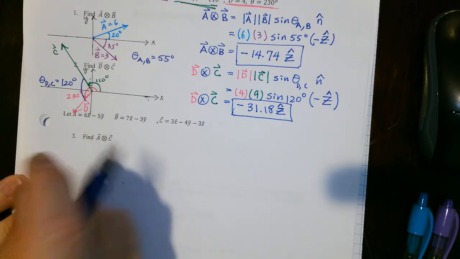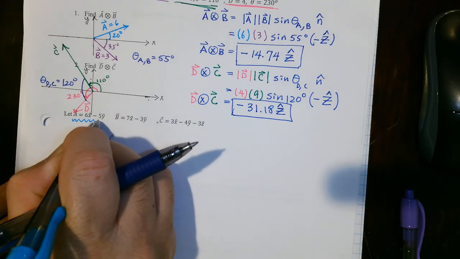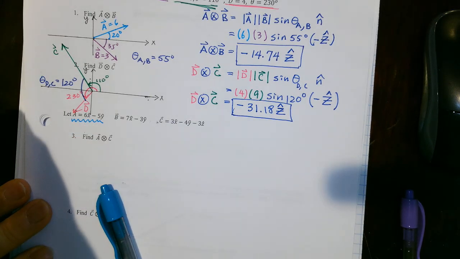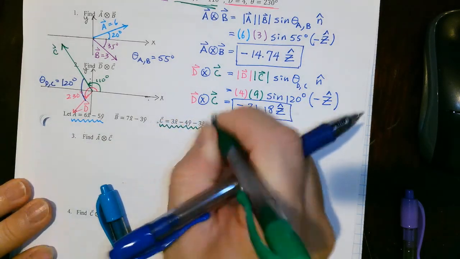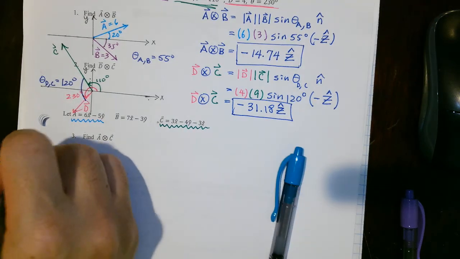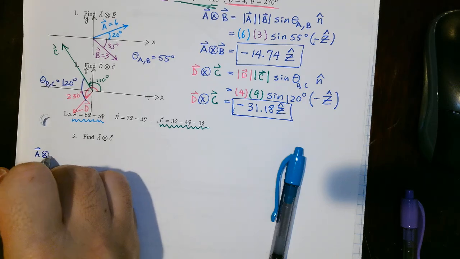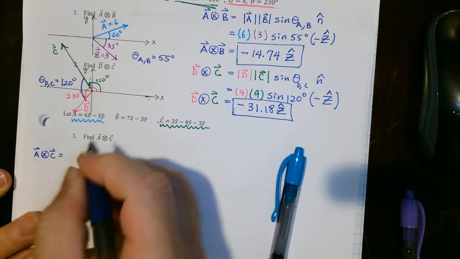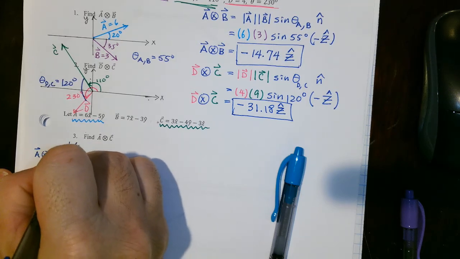All right. So A, which I'm going to represent with this. C, I'm going to represent that with this. And I am not going to draw this. Okay. So here I have A cross C. And that is simply the matrices.